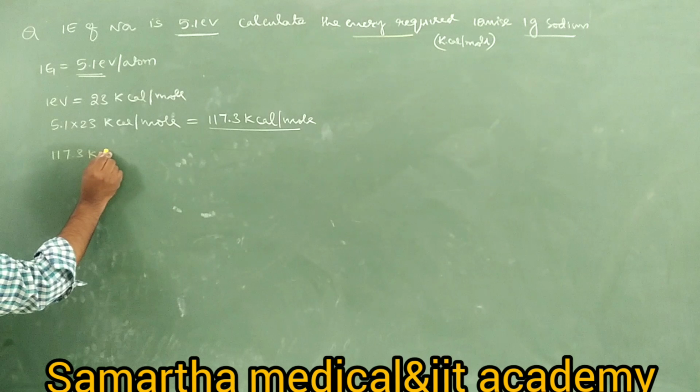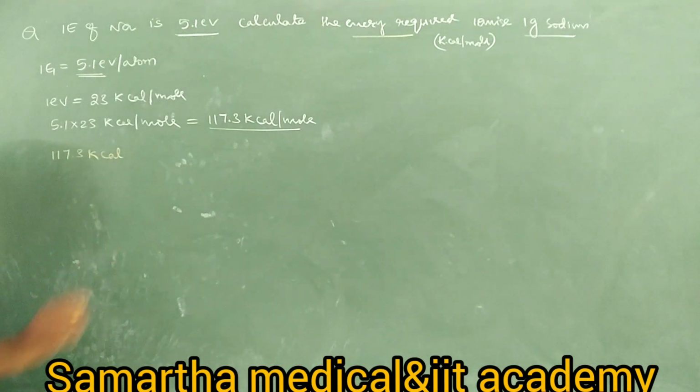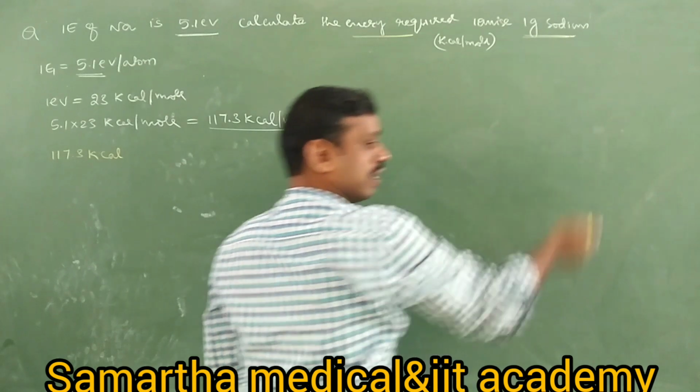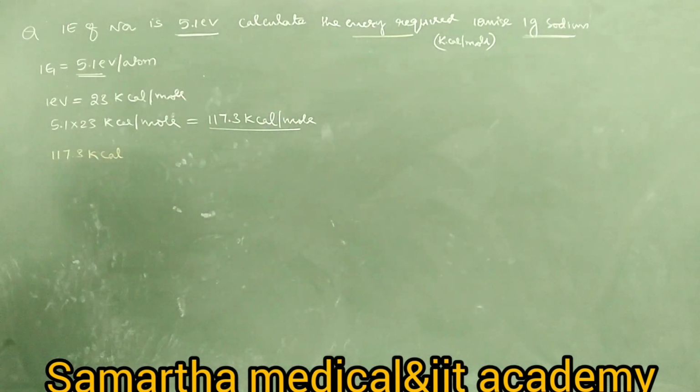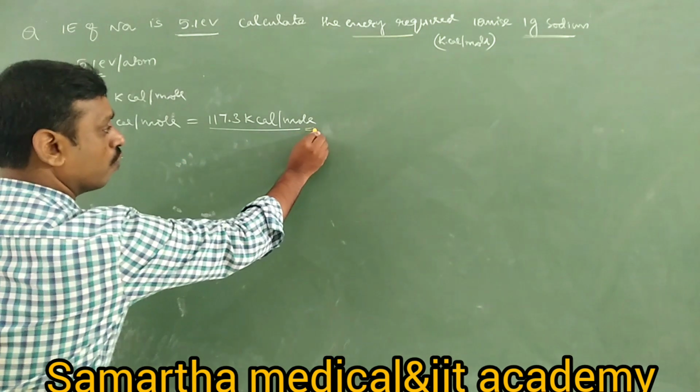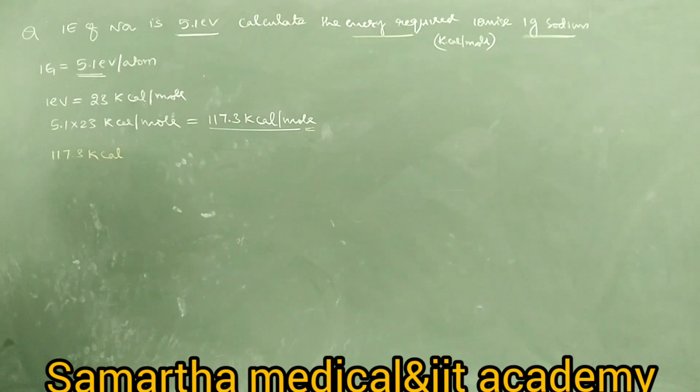It means it is nothing but 1 mole. So 1 mole is equal to, listen carefully. We are given here 1 gram, and we need to calculate for 1 gram, but it is in mole. 1 mole is equal to how many grams? 23 gram.